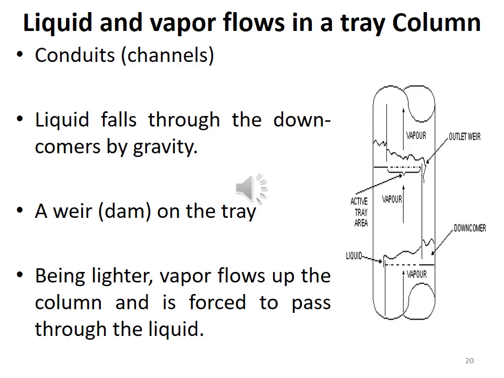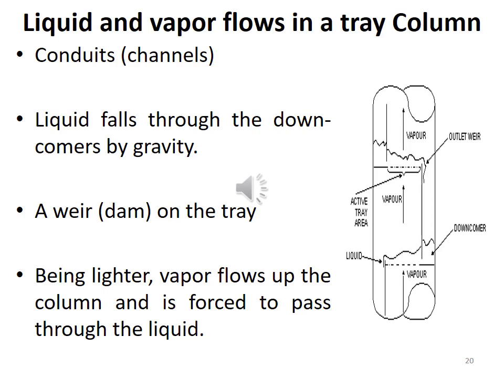And thirdly, being lighter, vapor flows upward in the column and is forced to pass through the liquid via the openings of each tray.